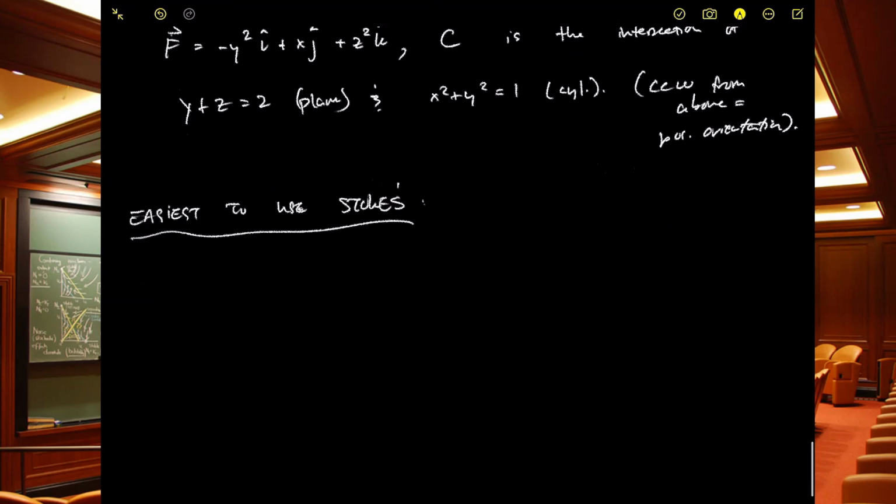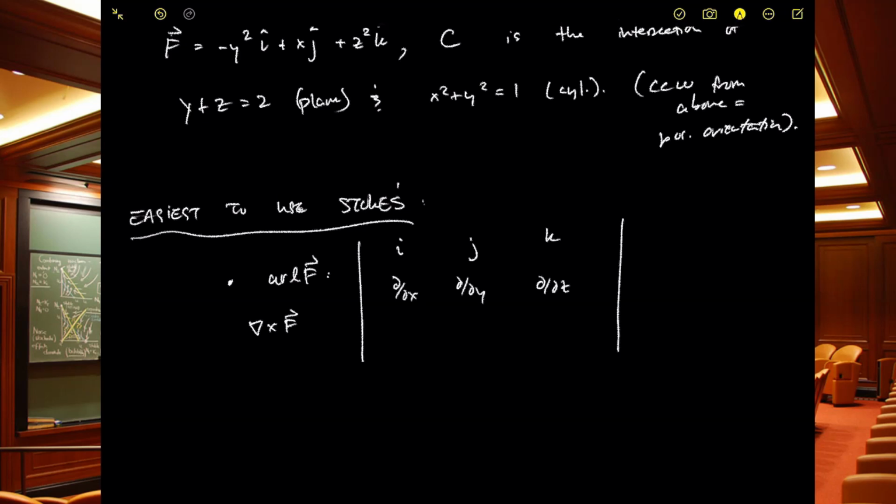So what does that mean? Well, we're going to need the curl of this vector field. I also wanted to do this to refresh us on how we compute curl. It's the cross product of the gradient, right? It can also be thought of as the cross product of d dx, d dy, d dz, and p, q, and r.